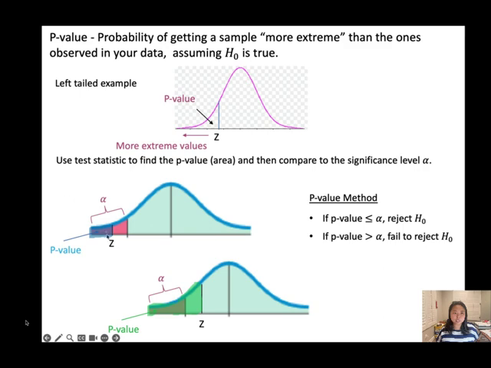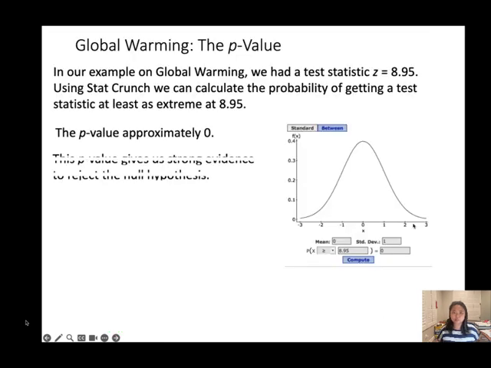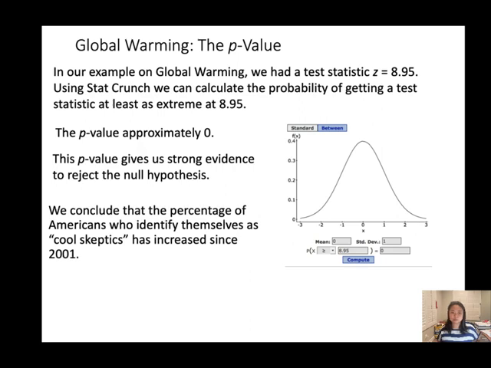If your z is located somewhere like here, the p-value is almost equal to 0, and you know the test statistic is lying in the tail, so you know we will reject the null hypothesis. Okay, we're going to reject the null hypothesis.